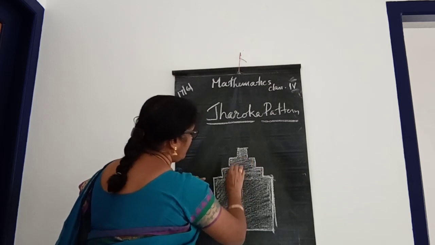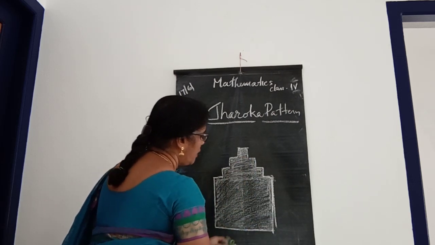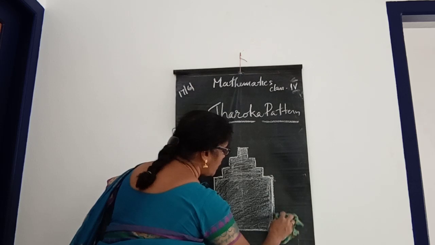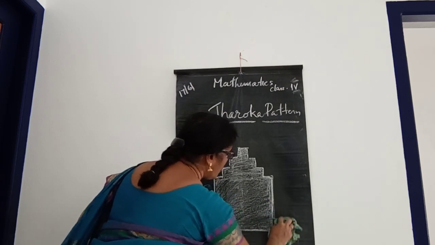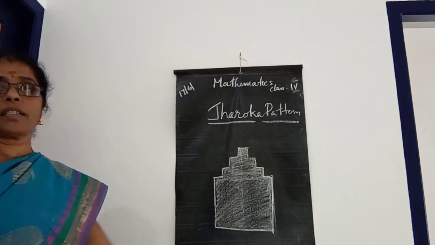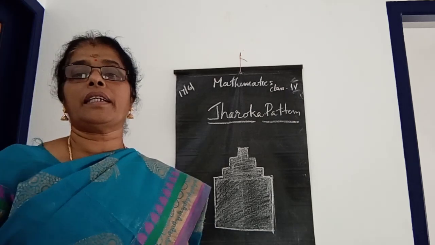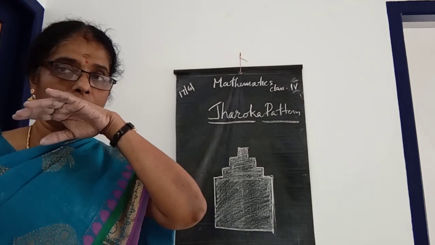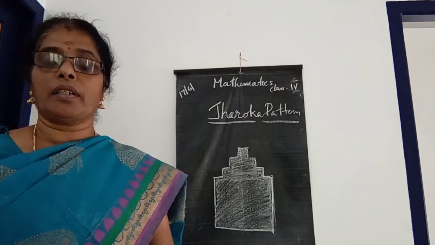Yes, this one is the Jaroka pattern on the window. Jaroka pattern on the window on the wall. Okay. This one is the Jaroka pattern. That is another wall pattern that is on the window.